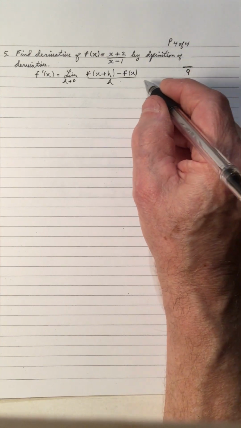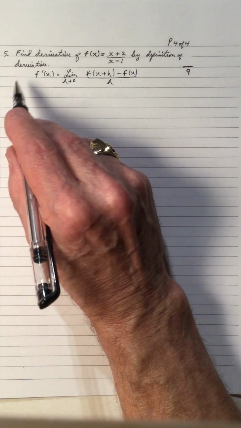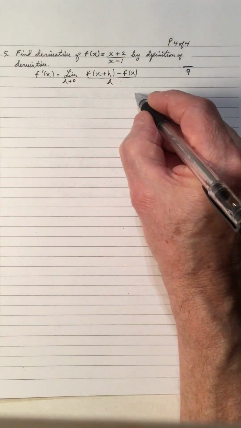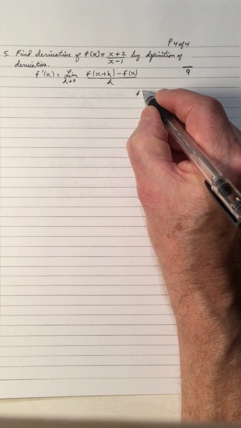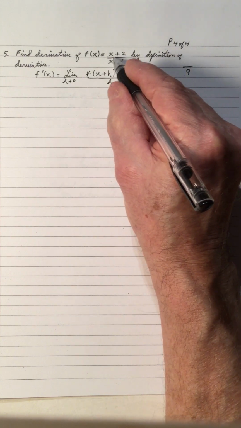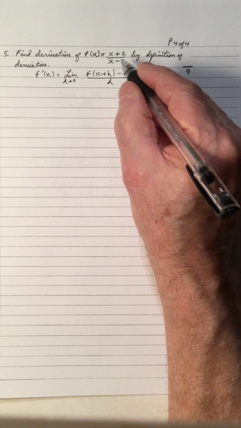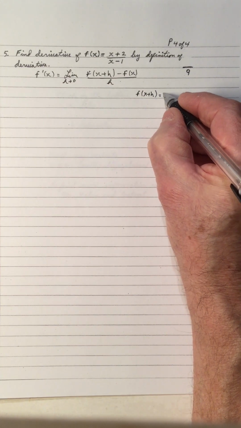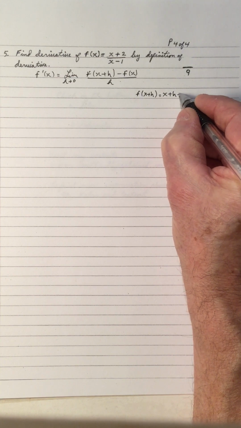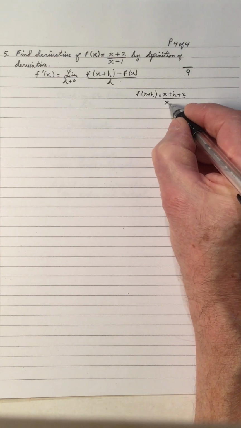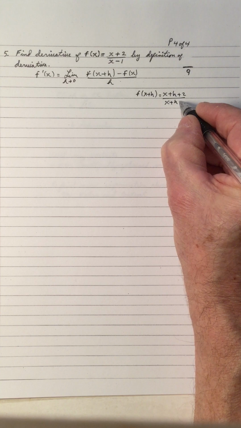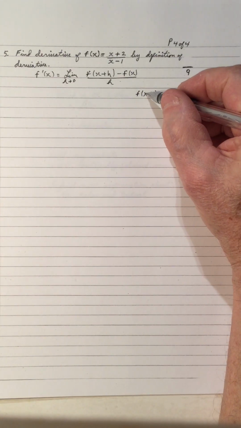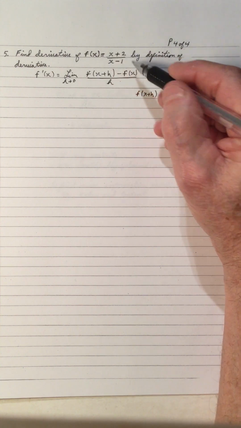And to make it easier, let's work out the x plus h. So right here, if you look at the f of x is this expression, x plus 2 over x minus 1. So the f of x plus h is x plus h plus 2 over x plus h minus 1. So I sub x plus h in the place of x right here.